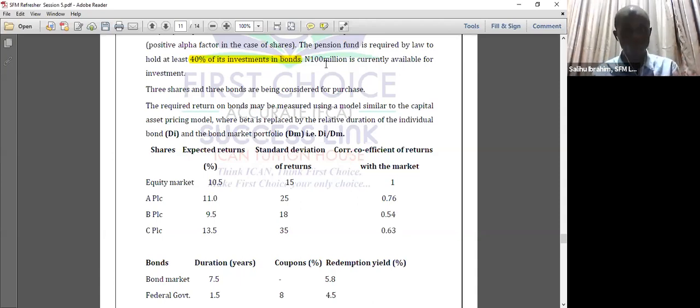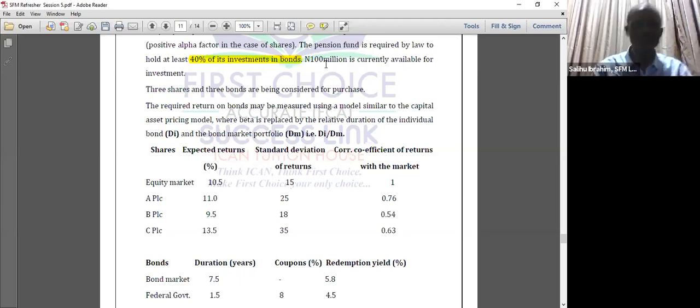I believe you can remember that strategy. I said stocks that have positive alpha are undervalued. What do you do? You buy them. So it means we can buy the shares of BPSC and we can buy the federal government bond.